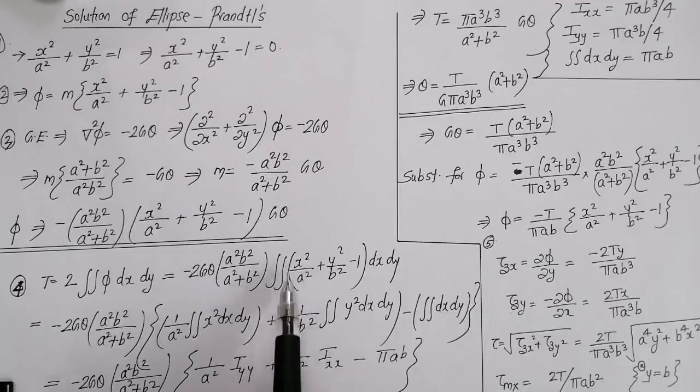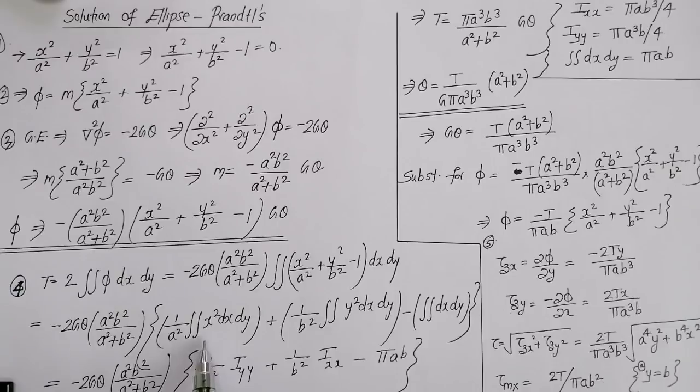Now if we rearrange this equation in such a way that you can substitute the values of Iyy, Ixx and pi ab as shown here. So T is equal to minus 2g theta a square b square by a square plus b square into this term.